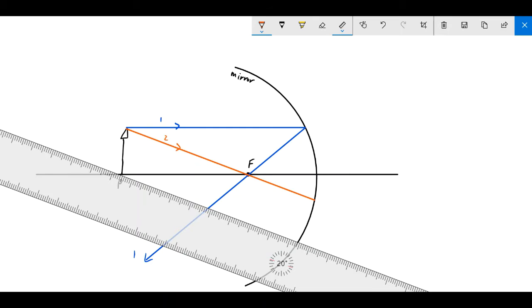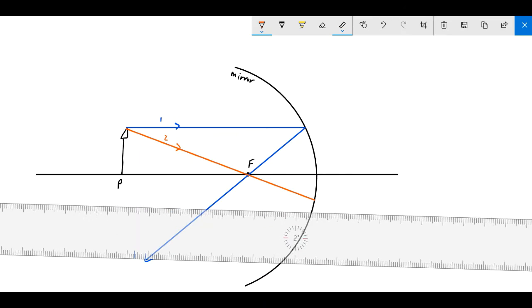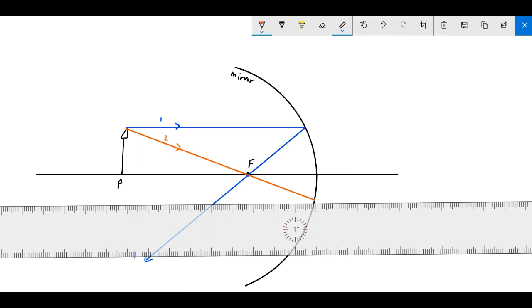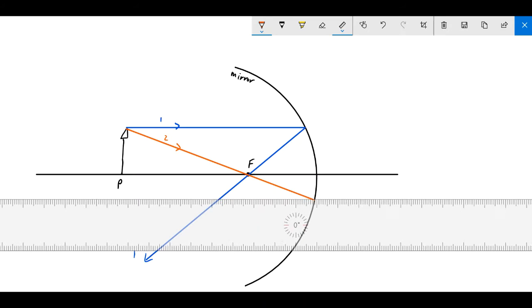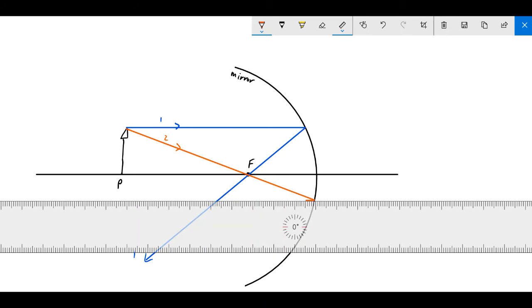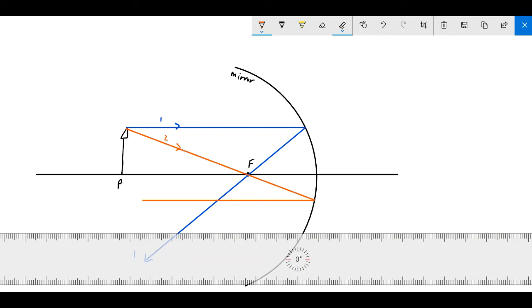So this will be our second ray. And then it will go parallel to the principal axis. And really where these rays intersect, that should be where the image is.